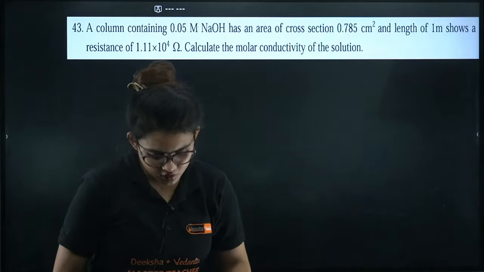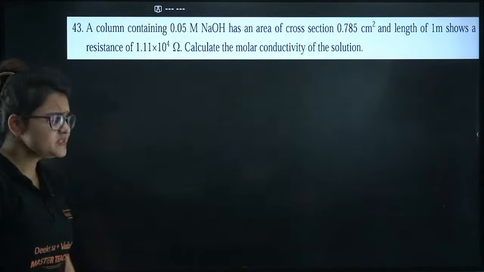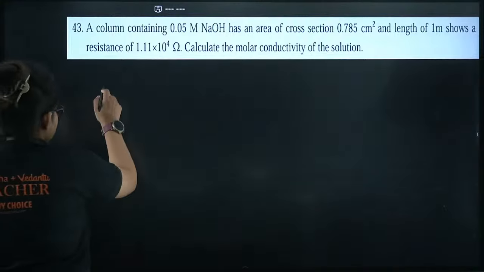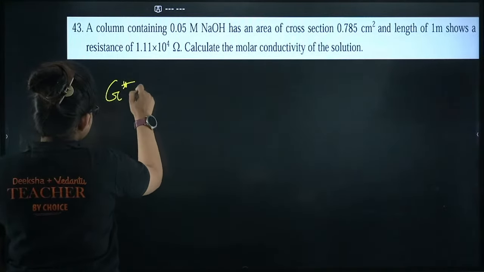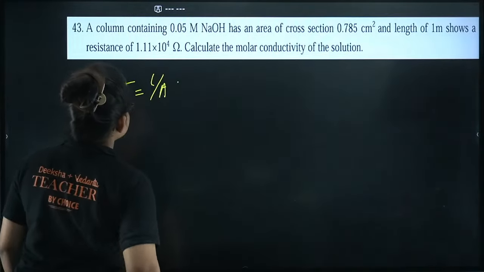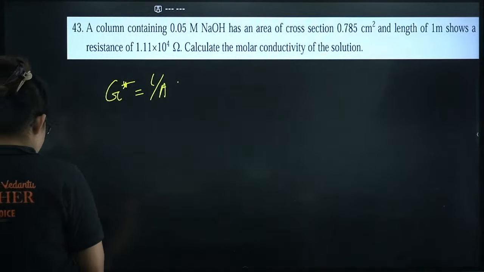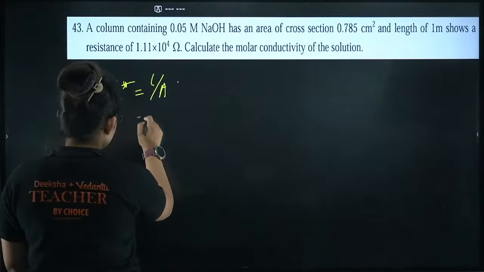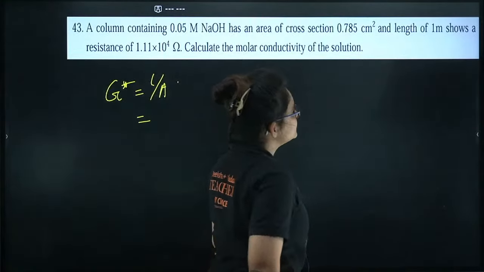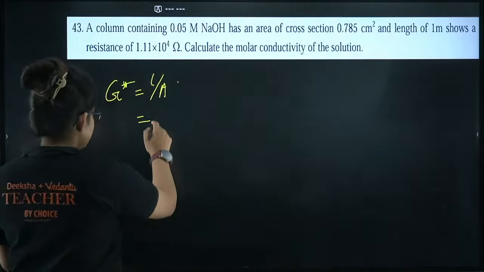Let me just solve one more. With this type of problem, you can see. So G star is basically equals to L by A. That are the things we know. So from here, if we just put the value, length is said by the question 1 meter. 1 meter means 100 centimeter, right?